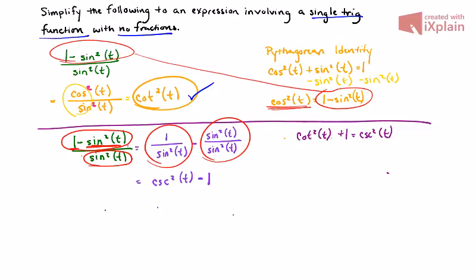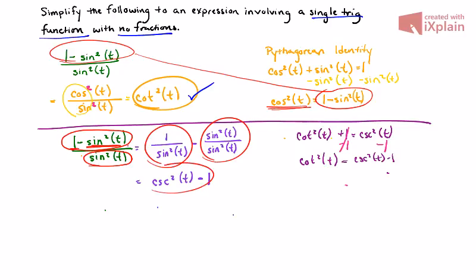So at this point, I'm kind of thinking, well, gee, if only I had a cosecant squared of t and a 1 all on the same side, and I can confidently tell you that that is possible. We will simply just subtract 1 from both sides of the equation. And this now gives me a new definition. We're saying that the cotangent squared of t is equivalent to saying cosecant squared of t minus 1.